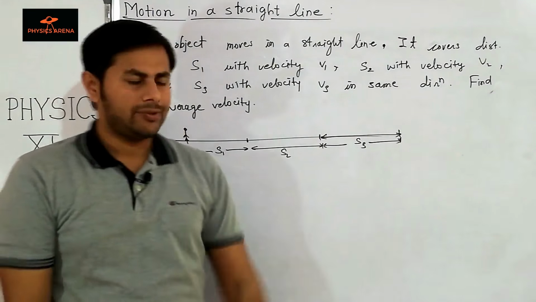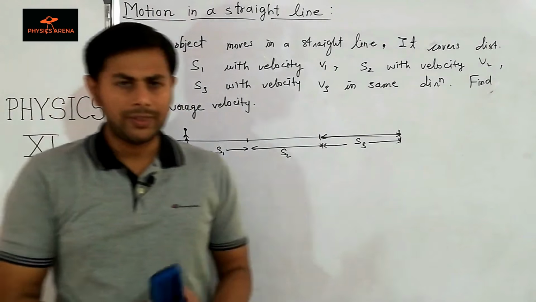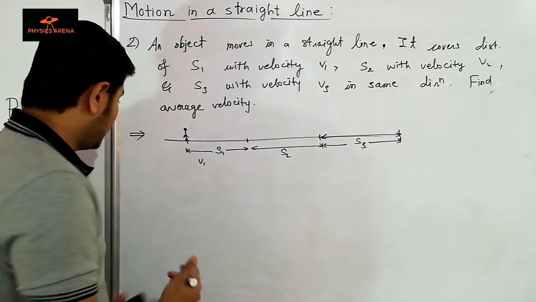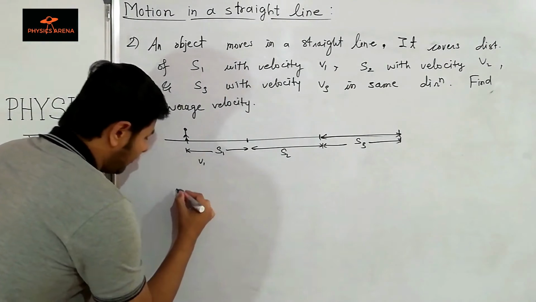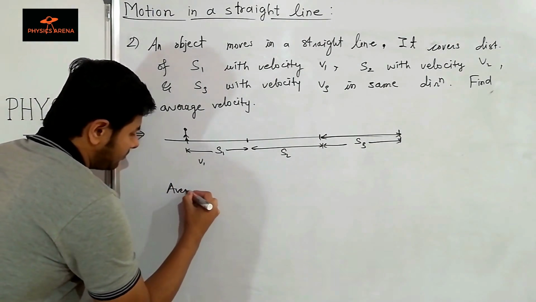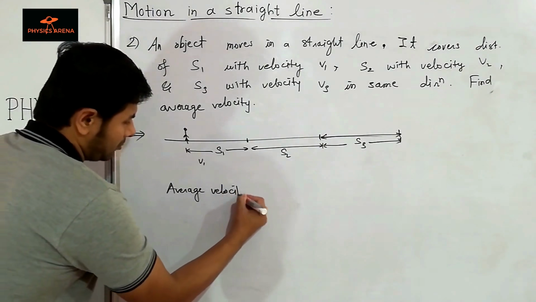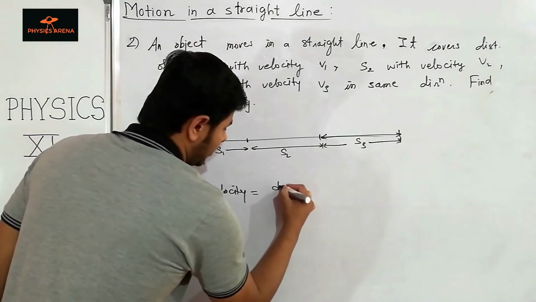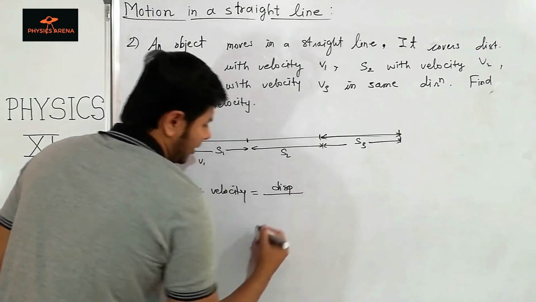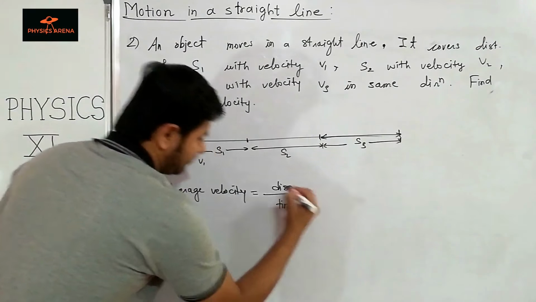With velocity v3. Okay, now we know that the average velocity equals to the total displacement divided by time.